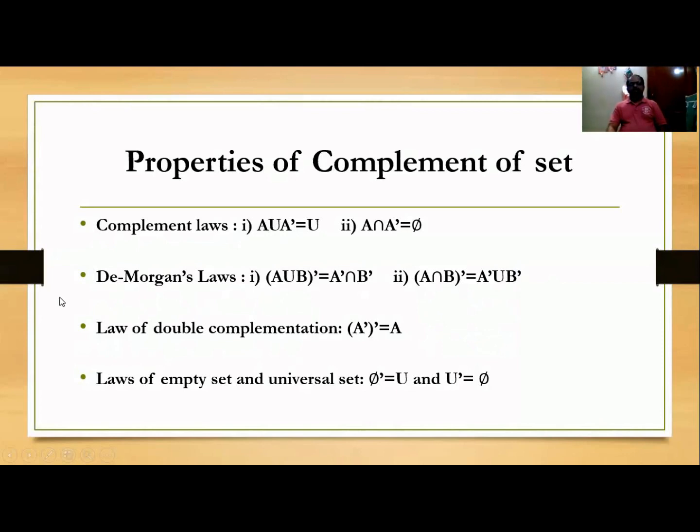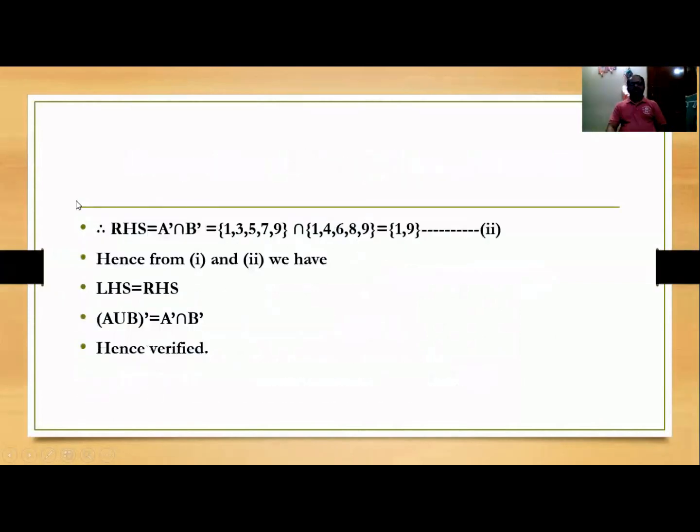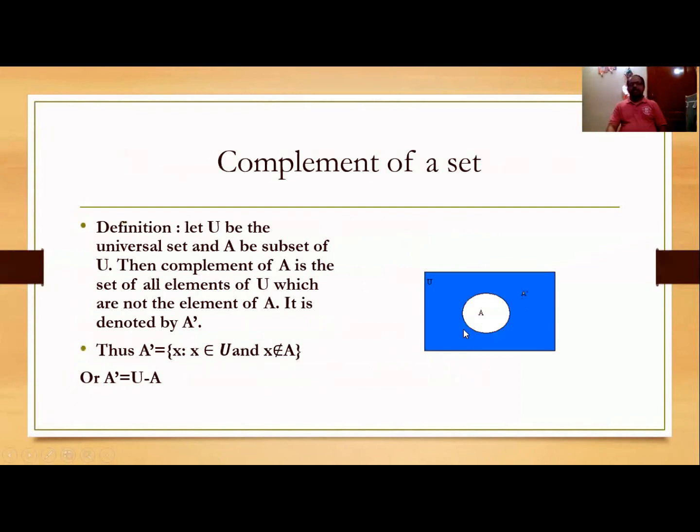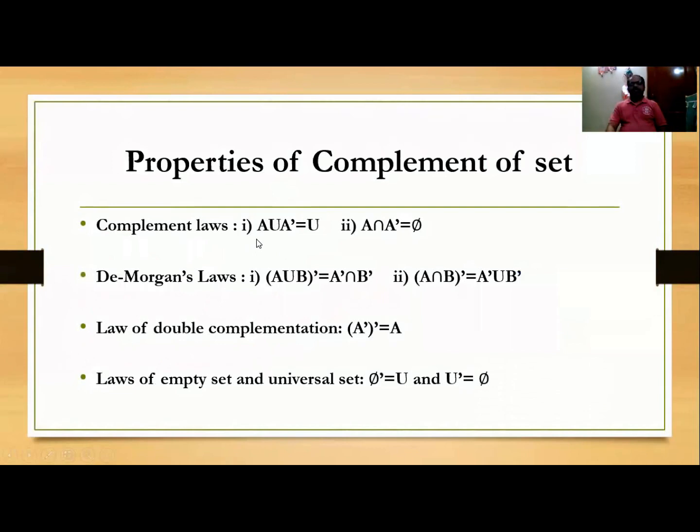If you see the previous Venn diagram, if we merge A and A dash in U, it gives us the full universal set U. In short, the union of A with A dash gives us the universal set U. From this diagram we can verify this result: A union A dash will always be U, the universal set.